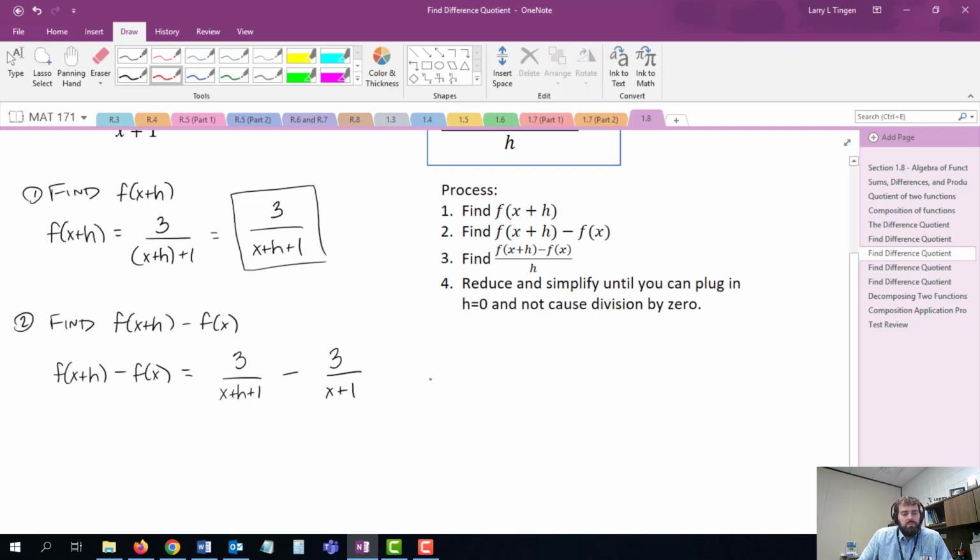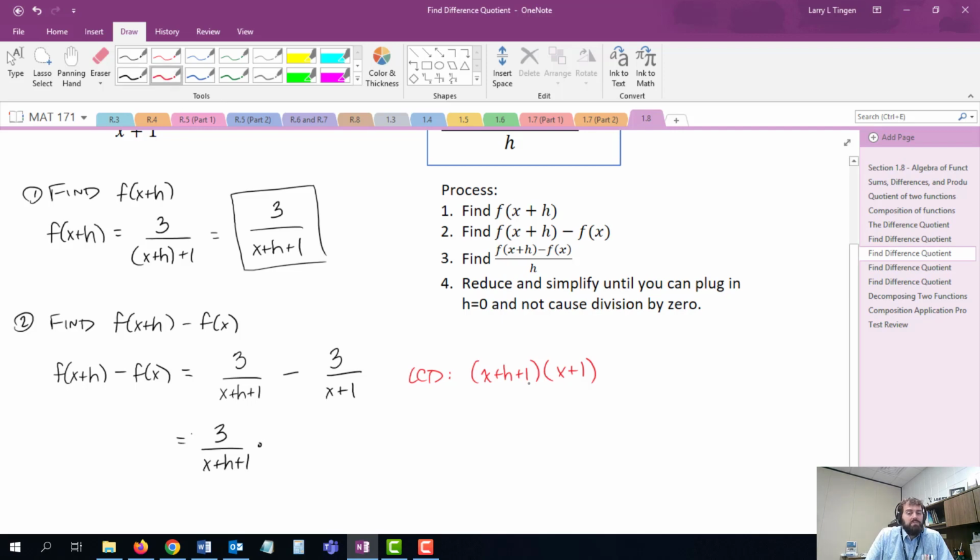Whenever you're dealing with these, your LCD is always going to be the product of the denominators. What am I talking about? That means I'm going to multiply the first fraction, x plus h plus 1, by what?